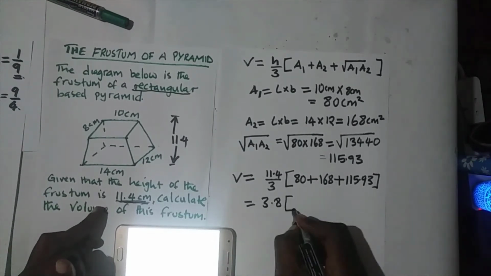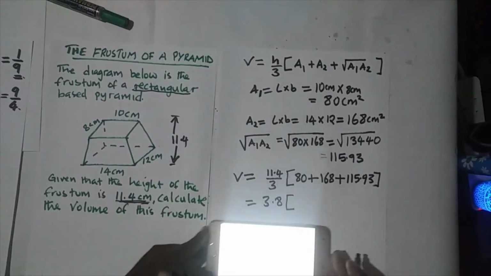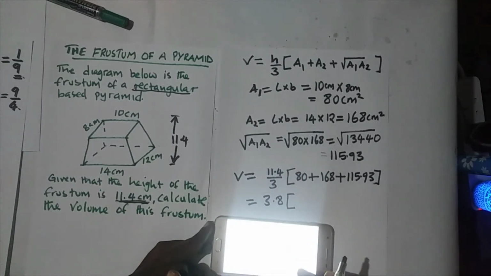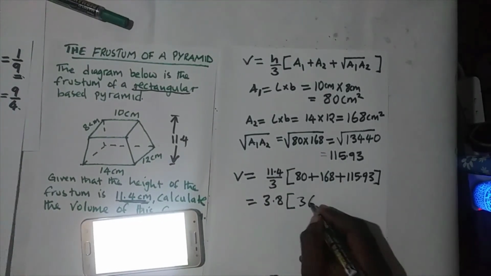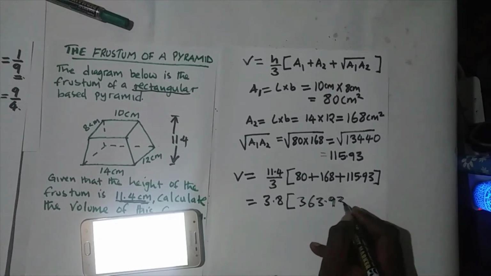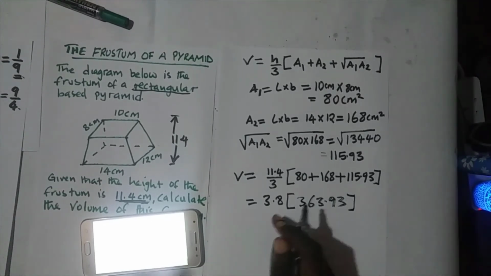Then in the brackets, we'll add all these numbers: 80 plus 168 plus 115.93, and this is equal to 363.93.